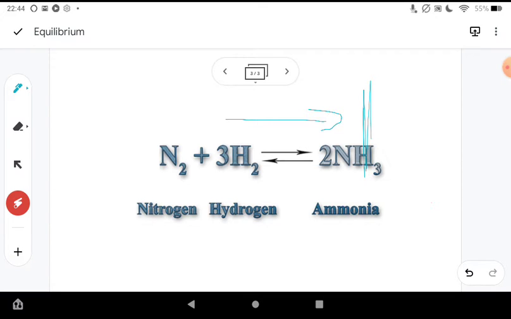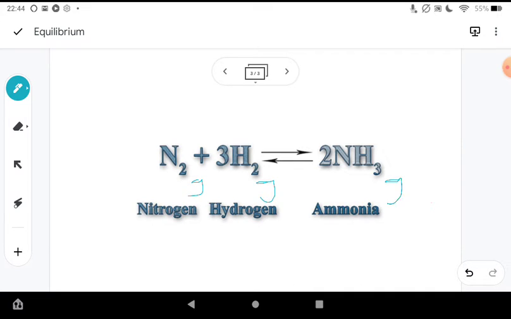That one's quite straightforward. The second one is this idea of pressure. Now, all three of these are gases, right? So all three of these are gases. And I've got 1, 2, 3, 4 molecules of gas on the left and 2 molecules of gas on the right.